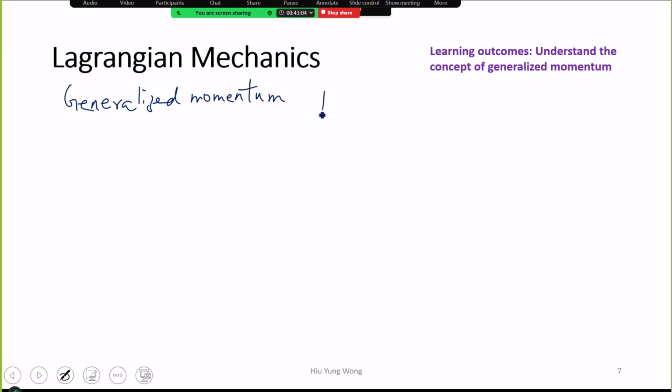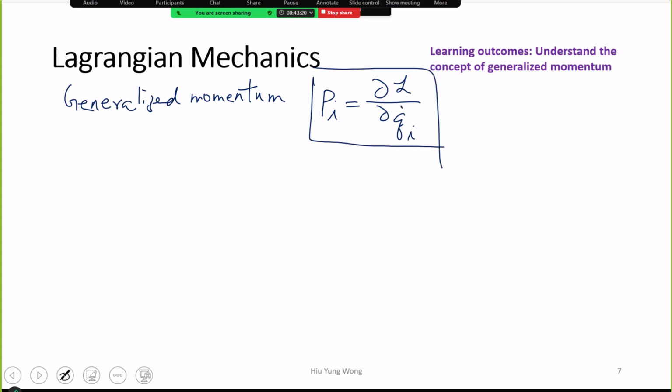The definition is: p_i equals the partial derivative of the Lagrangian with respect to the velocity q_i dot. Most of the time, momentum equals mv, mass times q dot, but it is not always the case. So from now on, you should not take that equation for granted. This is the definition of momentum: p_i equals partial L over partial q_i dot.